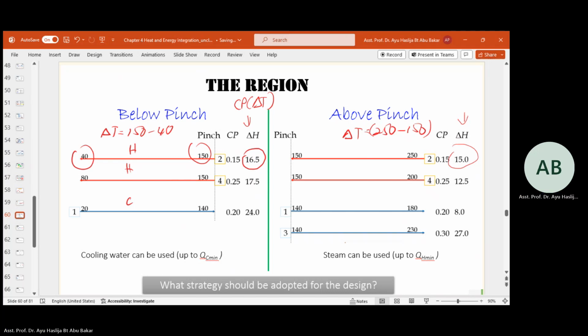That's how you get all this delta H at this side and also this side.